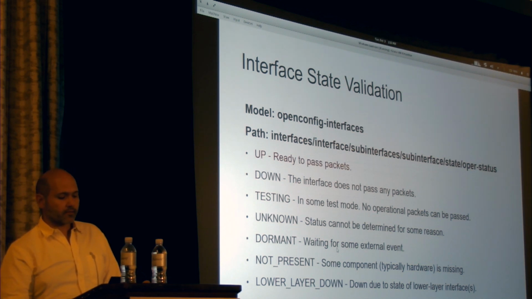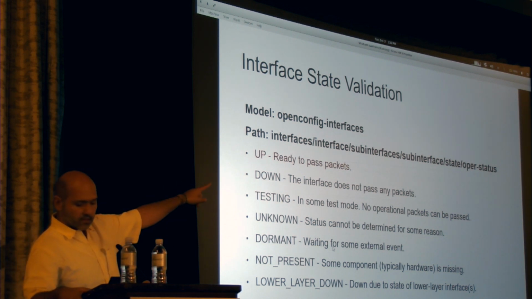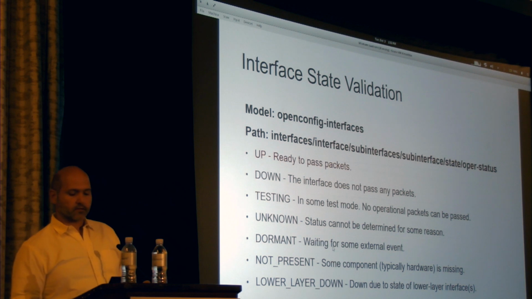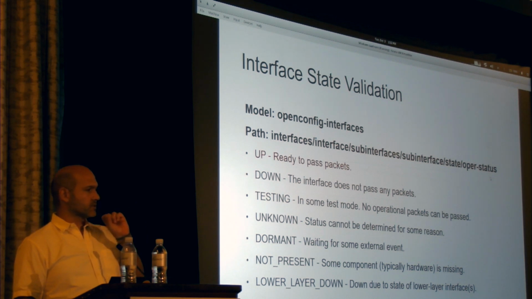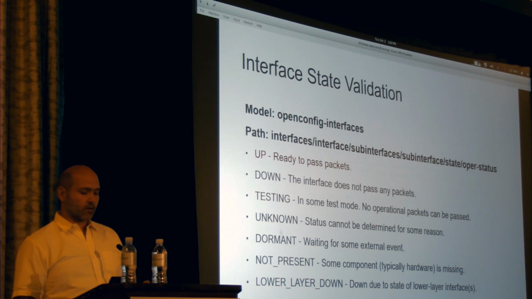So the path that is going to be used to monitor the interface is the operational status under the sub-interface. So I'm going to look for the operational status on gigabit 0/0/0 on the IPv4 sub-interface, and I'm going to look for that operational status to show up. Okay? These are all the possible states that you can have associated with operational status.